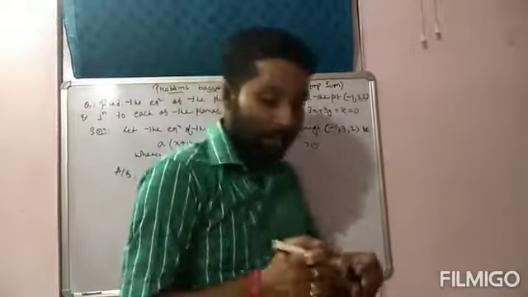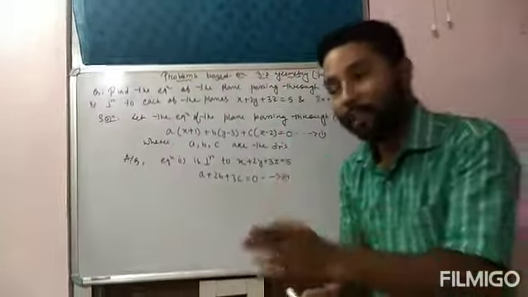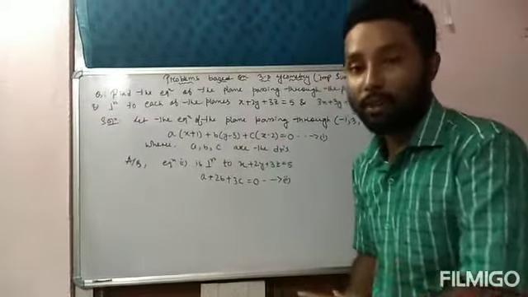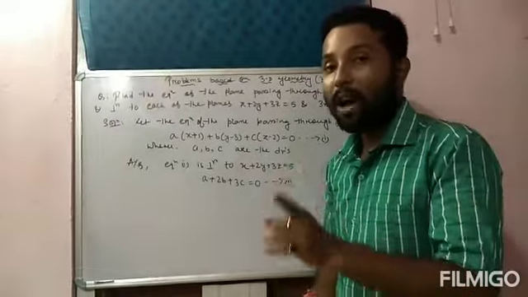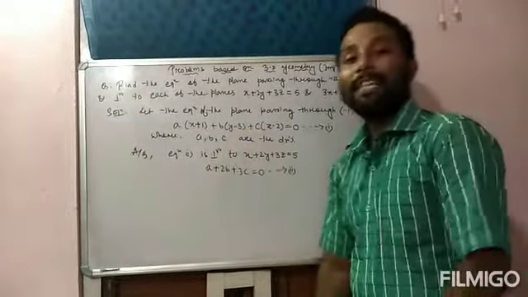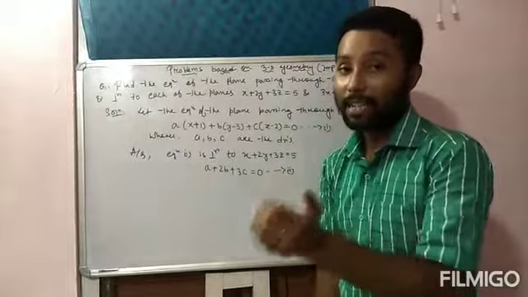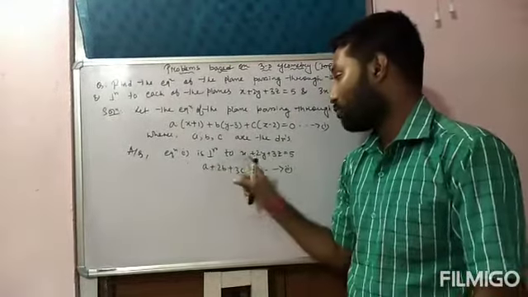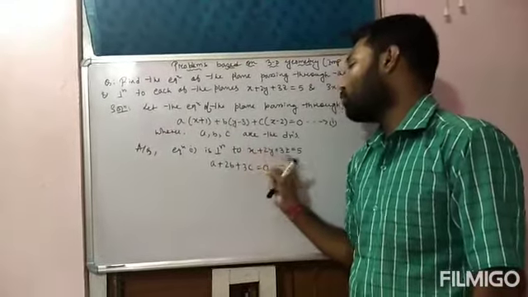If any two planes are perpendicular, then we know a1 a2 plus b1 b2 plus c1 c2 is equal to 0, where a1 b1 c1 are the direction ratios of the first plane, whereas a2 b2 c2 are the direction ratios of the second plane. So here a2 b2 c2 means 1, 2, 3.